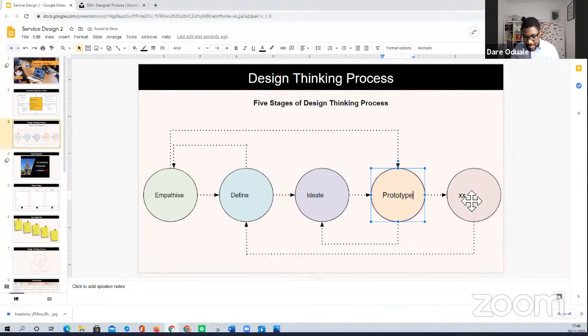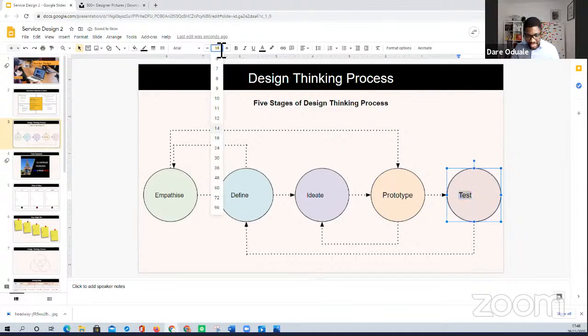And test. Thank you. Somebody else got the final one. That's good. In fact, if it was only one person that gave us all 5, I would have just chased every other person out of the class. So, empathize, define, ideate, prototype, and test.